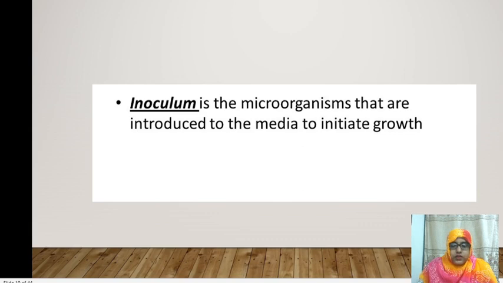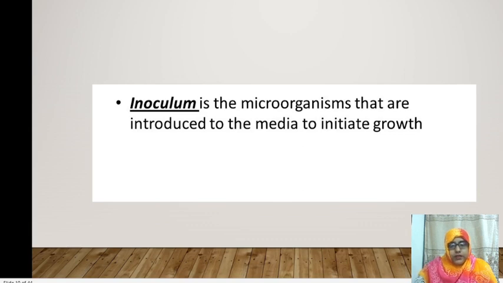If we want to grow typhoid bacteria in the laboratory, we obviously need a certain number of Salmonella typhi bacteria. These bacteria utilize those nutrients and increase in number. That small amount of bacteria which initiates its growth is called inoculum.